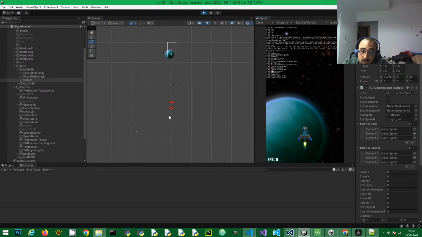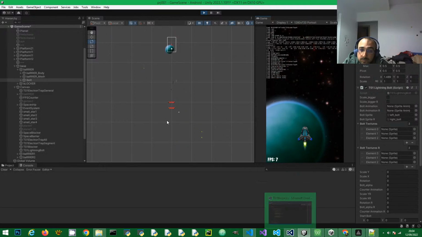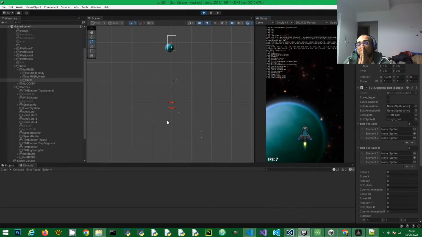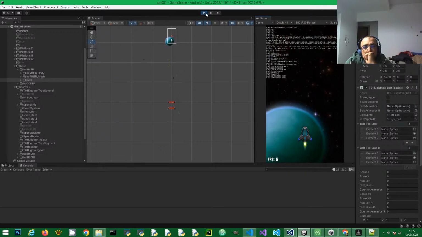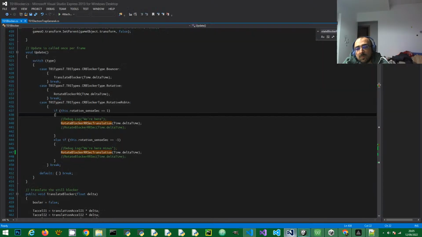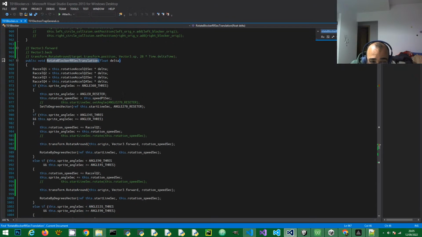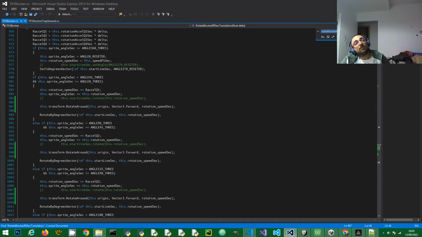So this is the function that we were gonna use. A method. Rotate around. Rotate around. Okay. So what's the issue here? First of all, we get a pause. We've got a pause.